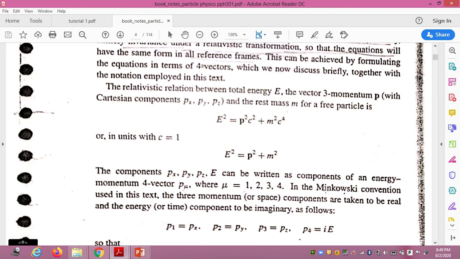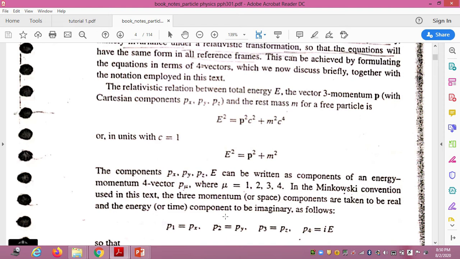So there is another convention which is the Minkowski convention, and here the three momentum components are taken to be real and energy is taken to be imaginary. That means this is a particular representation in which energy is taken to be an imaginary part.